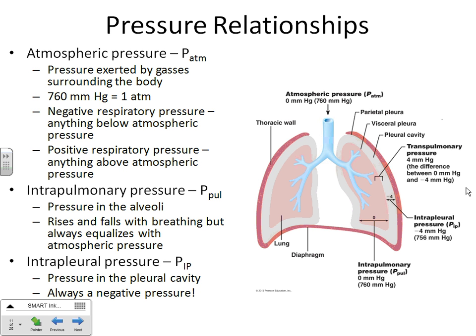We're not going to even really look at numbers, but we're going to talk about, do we have a negative pressure or a positive pressure? So if anything goes below what it is in the atmosphere, it's a negative pressure. Anything goes above, it's a positive pressure. Okay, so we're just going to do positive and negative instead of talking numbers, because numbers get confusing.